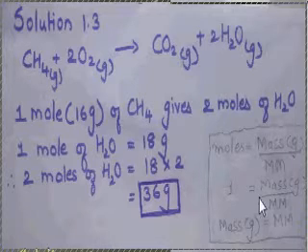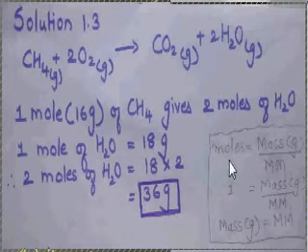Now this is written only for your information, not to write in the answer. You know that moles is equal to mass upon molar mass. So if you have 1 mole, then you will get 1 is equal to mass upon molar mass. So we will have mass of the substance in gram equal to its molar mass.